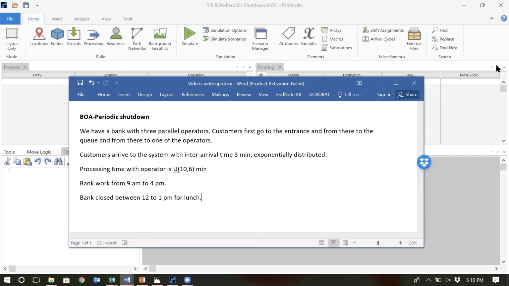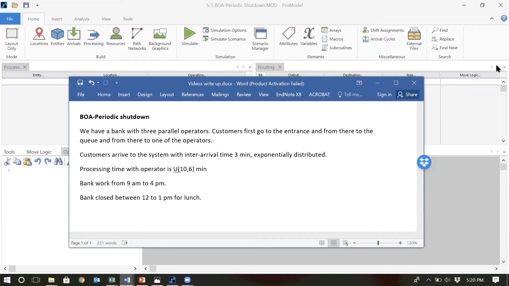And we call it periodic because if I continue running the simulation for more than 1 day, all these shutdown times are going to be repeated for the second day, the third day, and so forth. So all these shutdown times are going to be repeated periodically in the simulation.